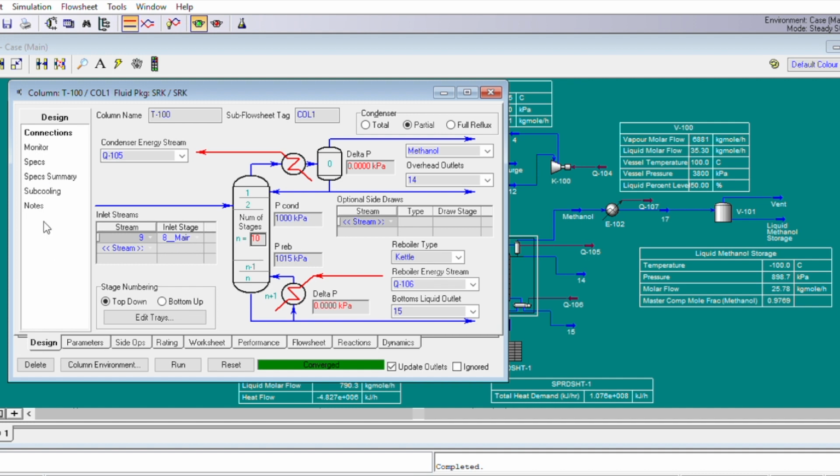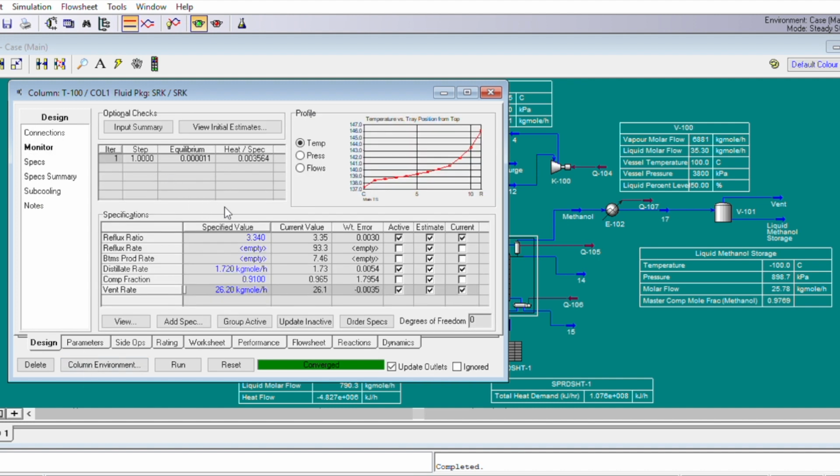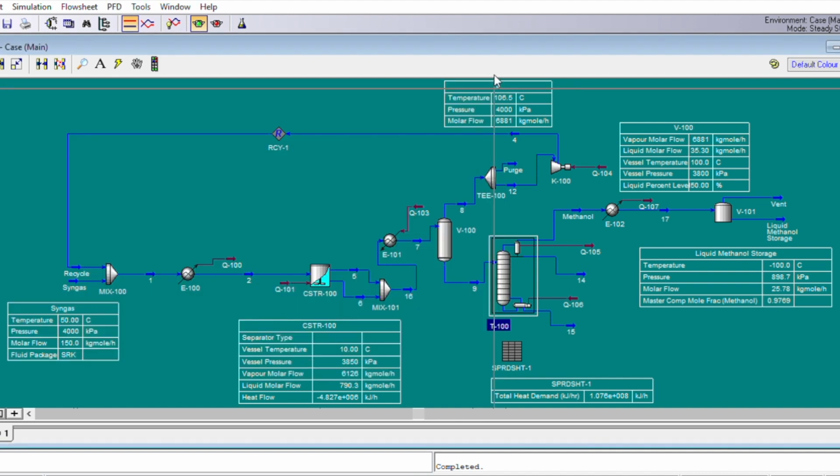Another piece of information needed is the reflux ratio, which is 3.34. The distillate rate is 1.72 kgmole per hour, and the bottoms rate is 26.2 kgmole per hour.